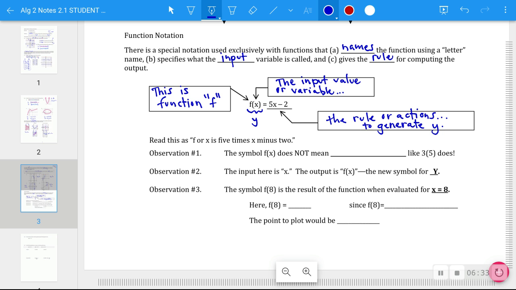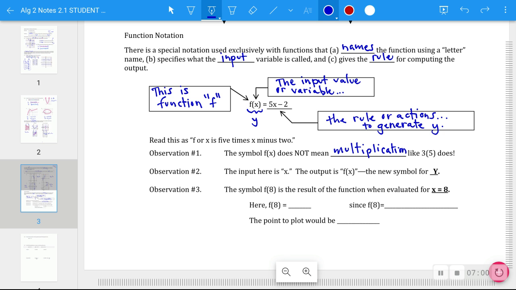When you put an f up against parentheses, in this context, it doesn't mean multiplication. You're used to that. Here's an example, 3 times 5 right here. But that's not what's meant when it's f(x). That does not mean f times x. It's f of x, the function f's value when you have an input of x.